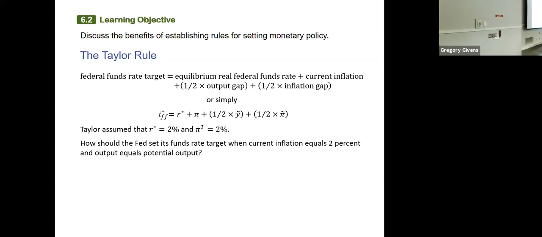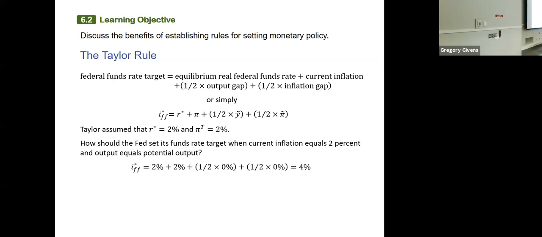Okay, let's go through a couple of examples together, all right? I want you guys to tell me, how should the Fed set its funds rate target if current inflation equals 2% and output is exactly equal to potential? Assuming R star is 2% and the target inflation rate is 2%. Well, just plug the numbers directly into the Taylor rule. It's straightforward, right?